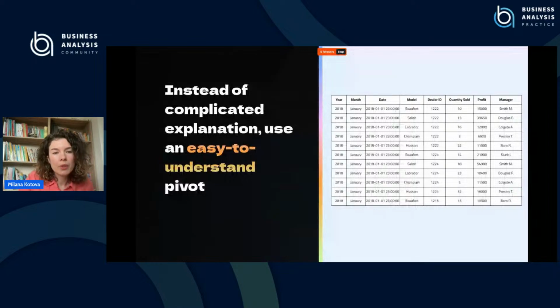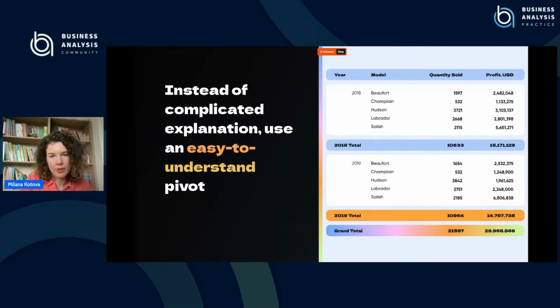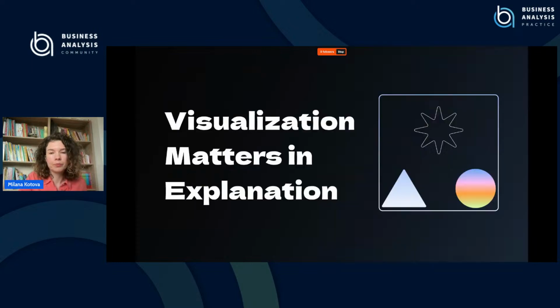Or instead of a complicated explanation, just use an easy to understand pivot table, because based on raw data with millions of rows of text, of data, numbers, it is really hard to communicate, to convey your ideas to the stakeholders. So instead of using this, just use this, which is divided, structured, and eventually it is readable, right?